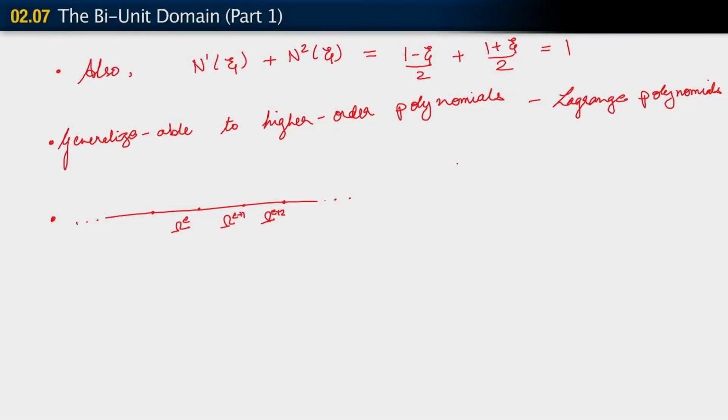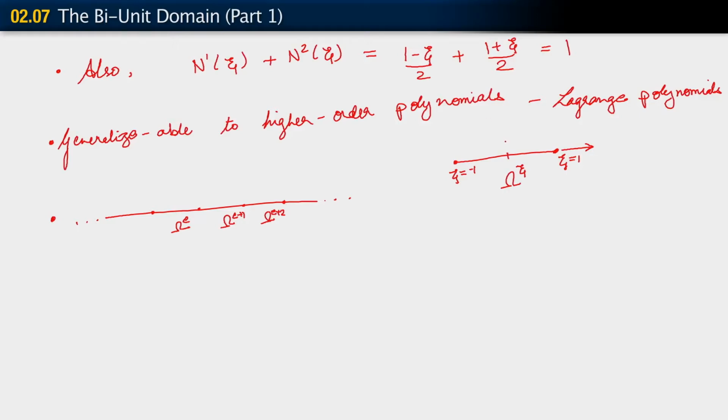Now, we focused upon a specific, or really an arbitrary, element e in order to construct these basis functions, and we did that by going into the bi-unit domain. First of all, we need to recognize that each of these elements in the physical domain is obtained from this bi-unit domain, c equals minus 1 to c equals 1, which we are going to denote as omega c, for obvious reasons.